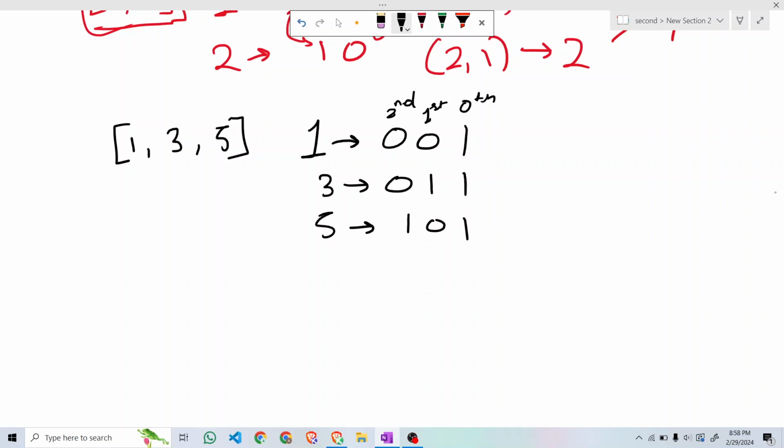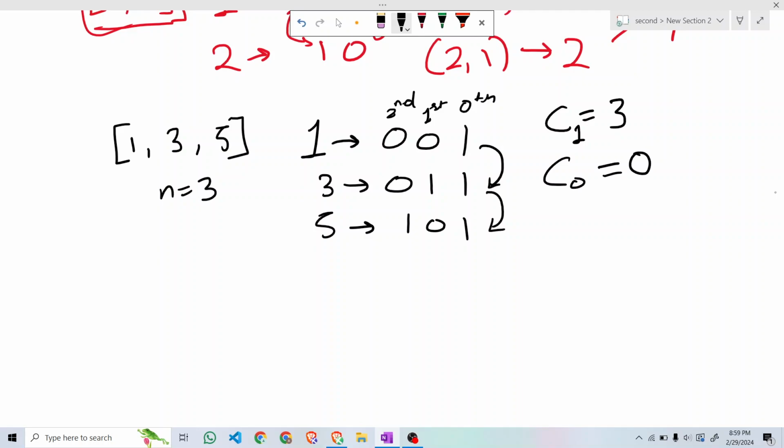And then we count the number of ones in these positions. In the 0th bit there are 3 ones, so the count of 1 is 3. Since there are n equals 3 numbers, the count of zeros would be 0.